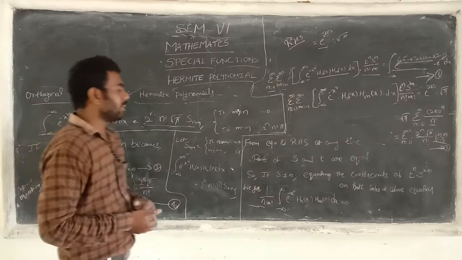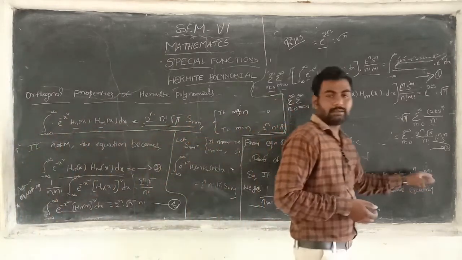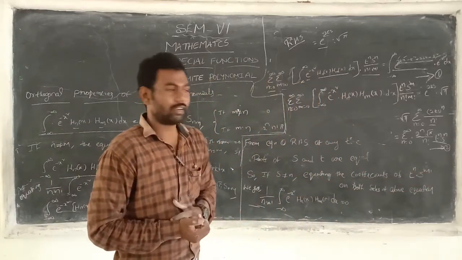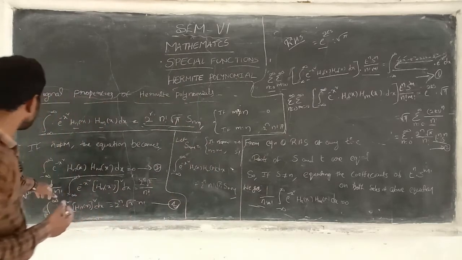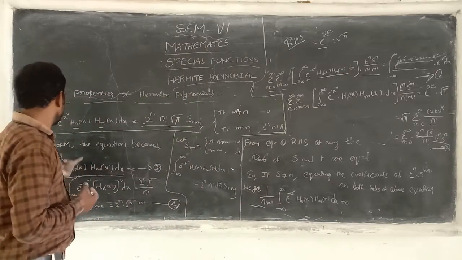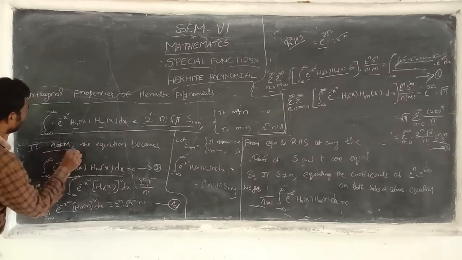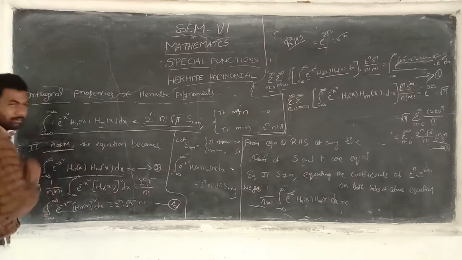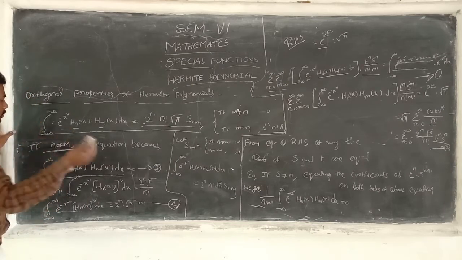Again, equating the coefficients of t^n and x^n, we get 1 by n factorial into n factorial. In the first case we took n not equal to m. The second case is n equal to m.